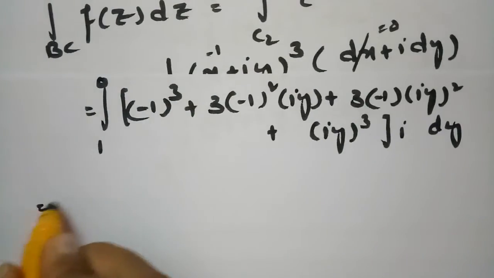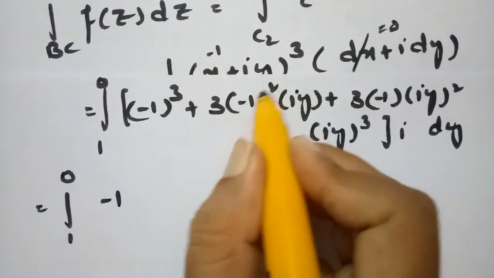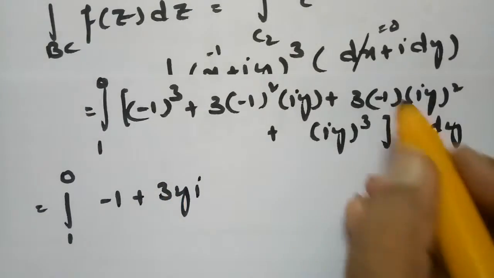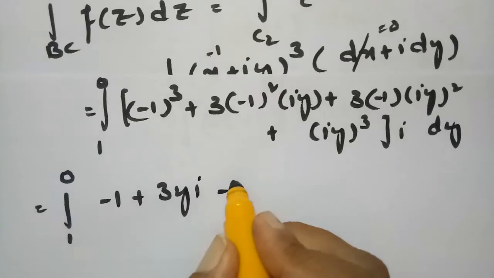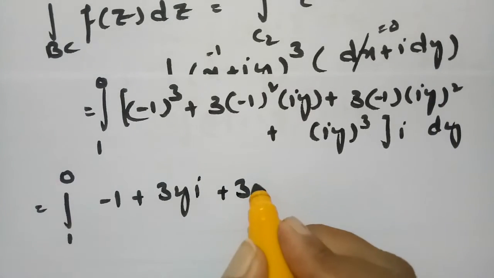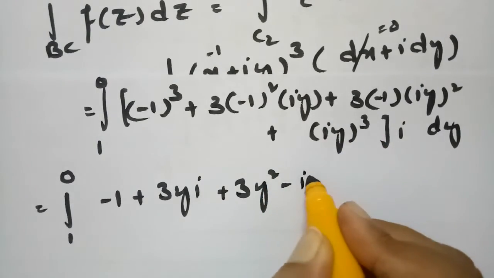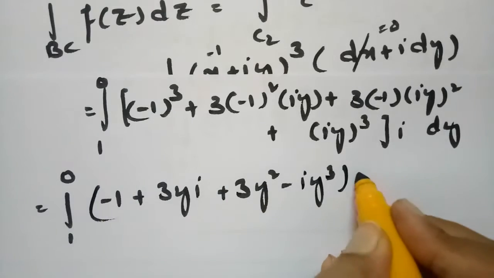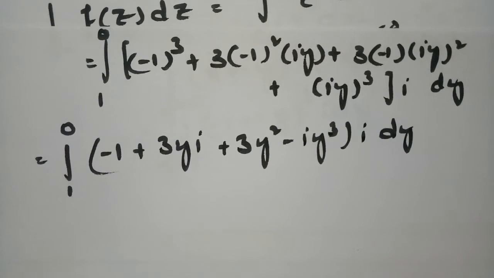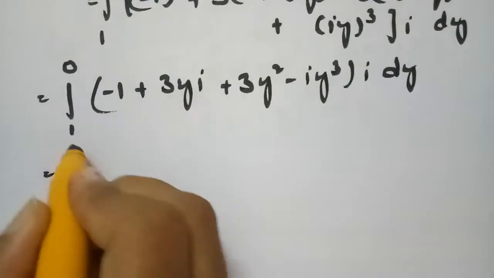So now if I expand, minus 1 whole cube is minus 1, 1 square is plus 1, this will be 3yi, so this is minus 3 i square y square, and minus i y cube into i of dy. As you know that i square is equal to minus 1. So if I multiply with minus, see what happens here, between 1 to 0.